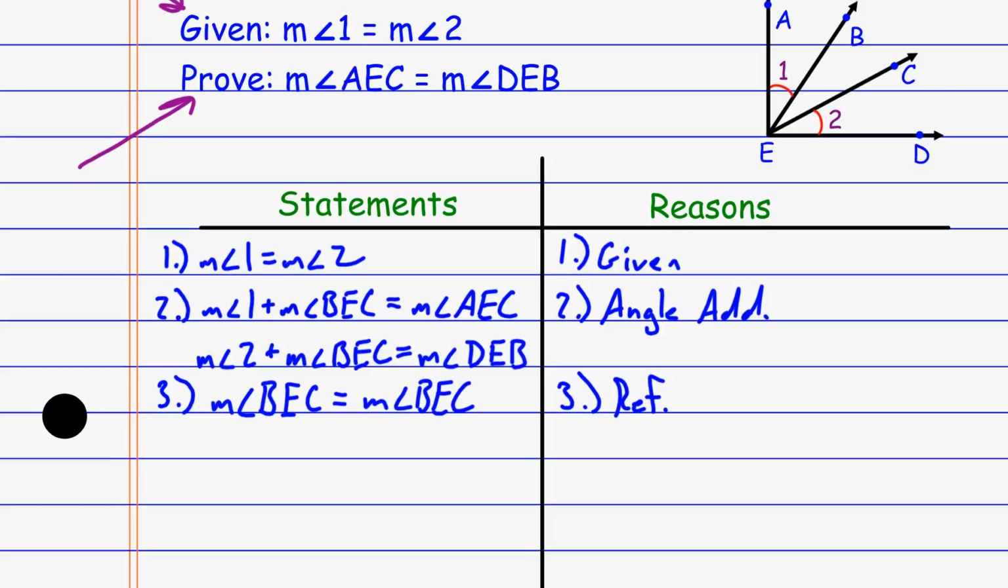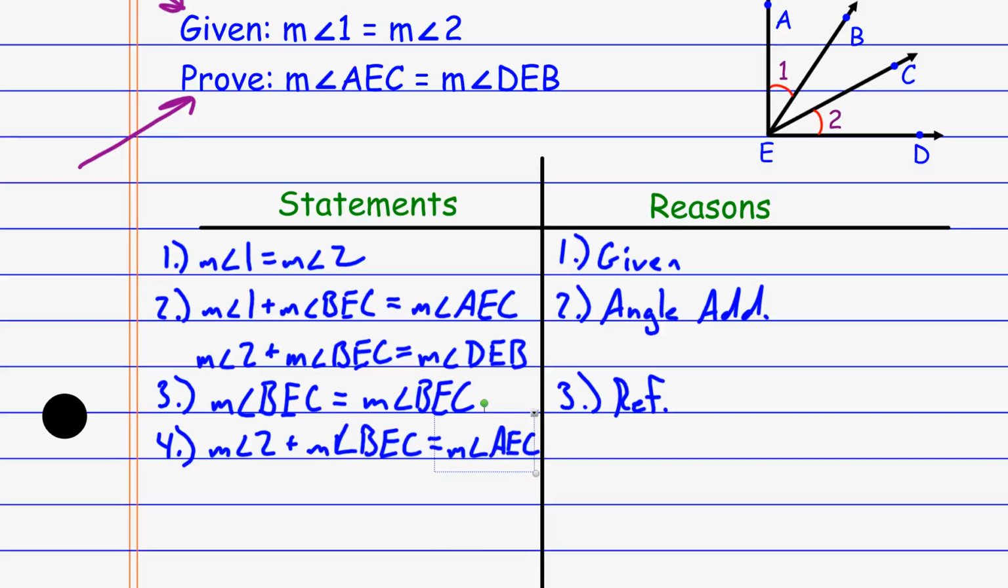And so when we say that that thing is equal to itself, and then through substitution, I could then say that the measure of angle 2 plus the measure of angle BEC is equal to the measure of angle AEC.